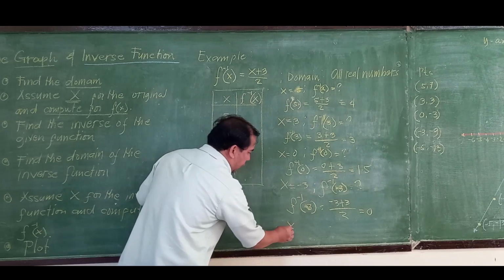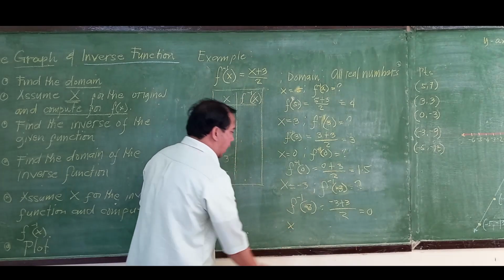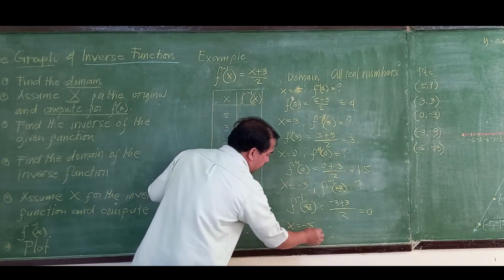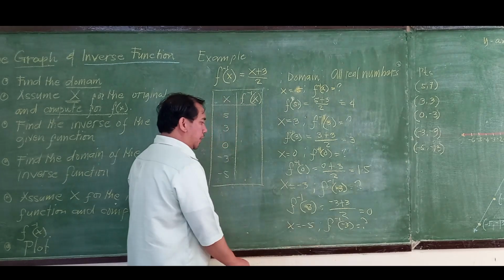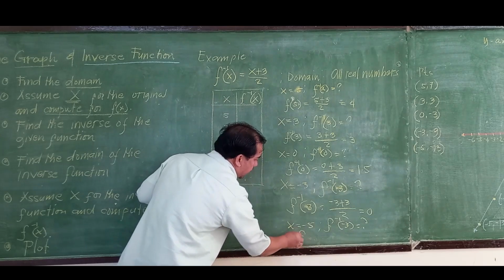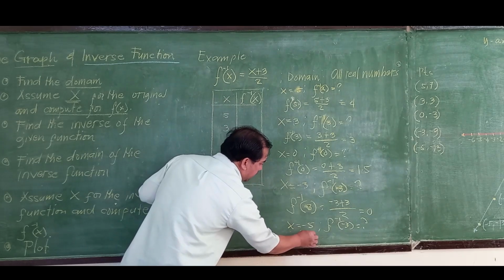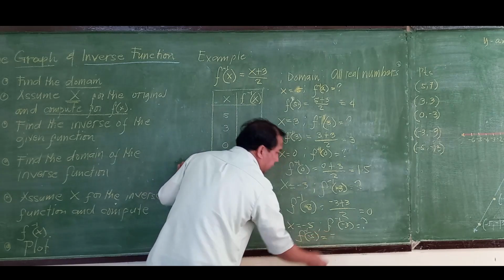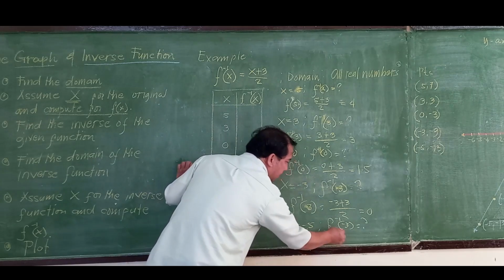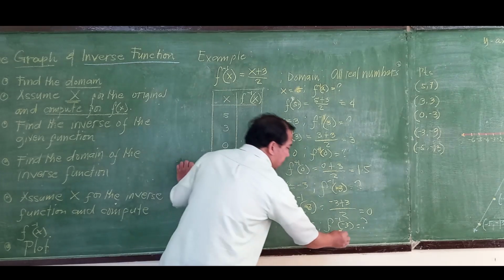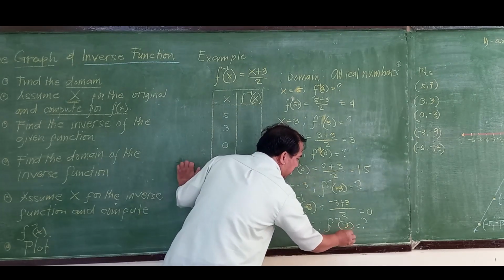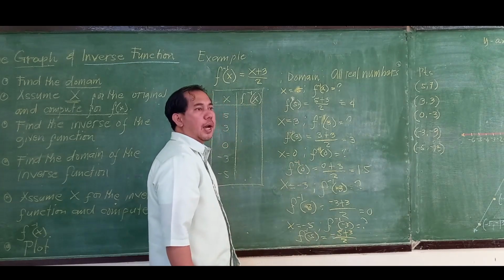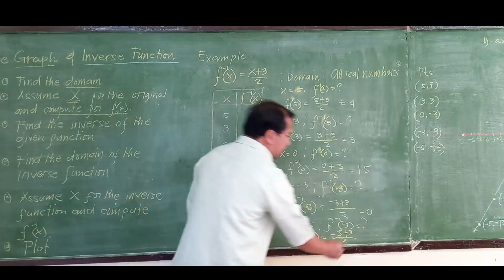What about if we have f of negative 5? What would be the result? We have f of negative 5 is the same as negative 5 plus 3 divided by 2. Negative 1.